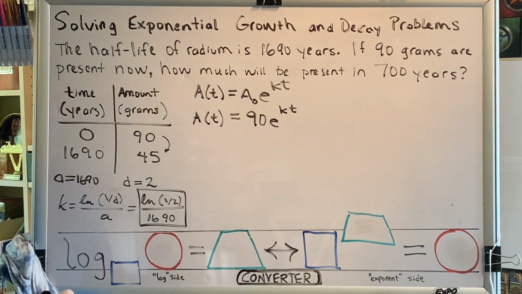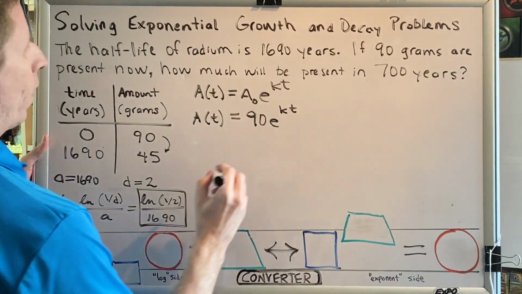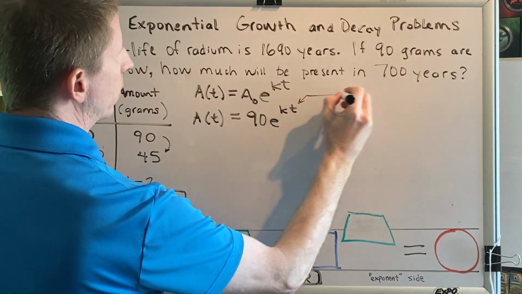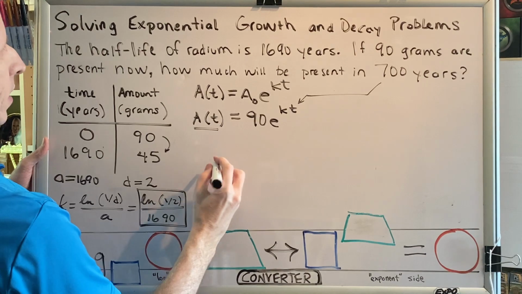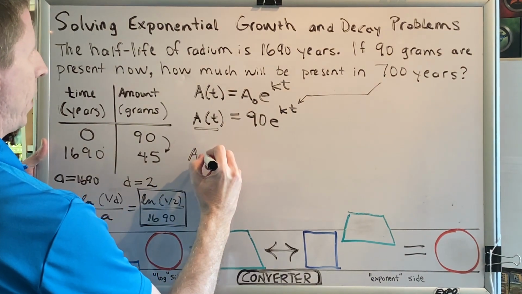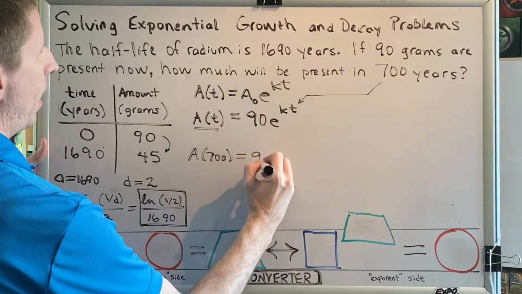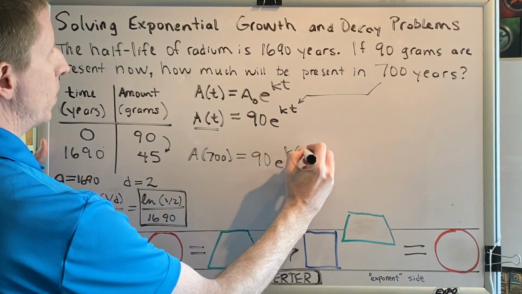The question said, how much will be present in 700 years? Well, that means that we know the time. 700 years is going to go right here, and we're looking for the amount. How much is present? So the answer to the question will be A of 700 equals 90 e to the k times 700.